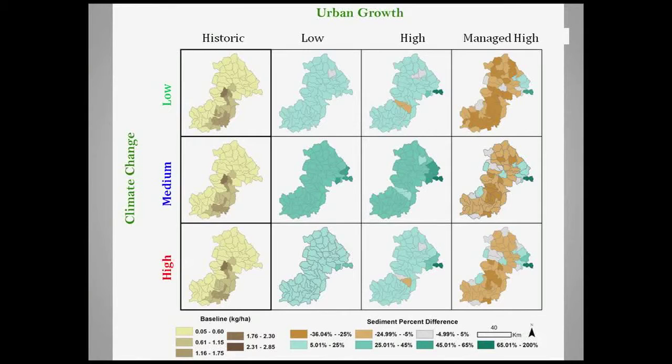So here's sediment. This model seems to have a combination of effects from both land cover and climate. Once again, this model uses the universal soil loss equation as its basis, so higher erosivity due to higher winter precipitation is probably driving the phenomenon we're seeing.